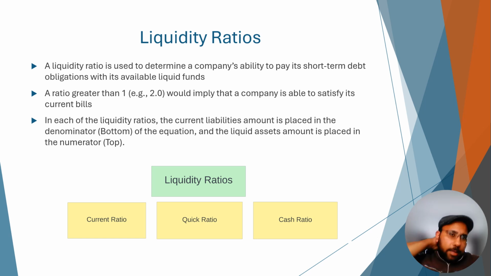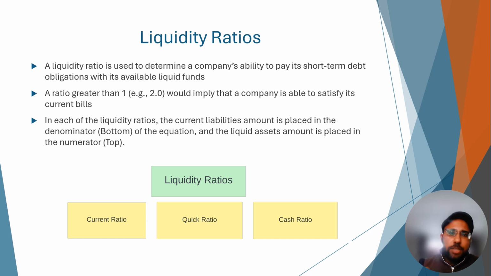Okay, anything less than 1, such as 0.75, will imply that the company is not able to satisfy all of its current liabilities, which is not great. Ideally, you would have figures close to 2, 3 and above. So for example, if you had 2, that would imply that the company is able to satisfy its current debt twice over.